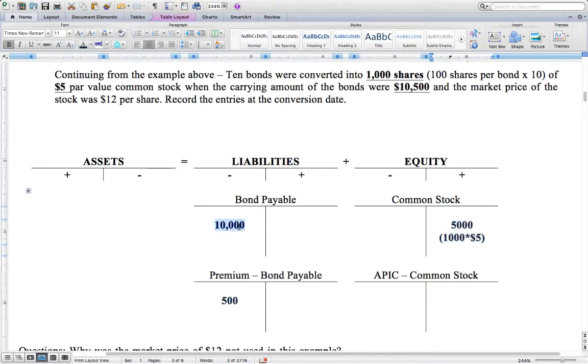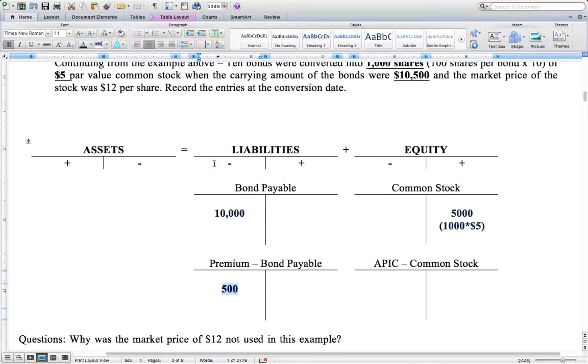Therefore, as you can see, the 10,000 and the 500 is 10,500, and you need to offset that because you need your debits and your credits to offset in this formula: assets equals liabilities plus owner's equity. Therefore, you make a plug entry to additional paid-in capital.